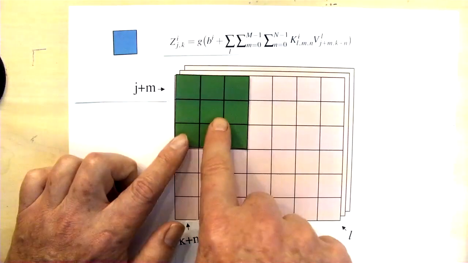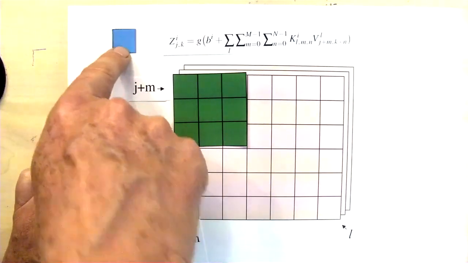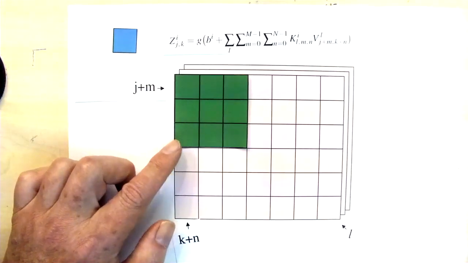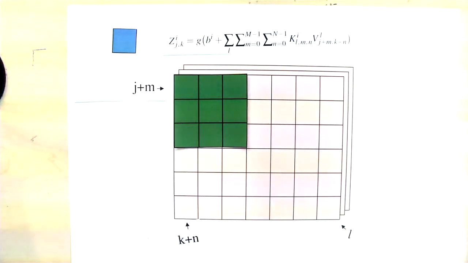The value here is going to depend on this small part of the image, which is only 3 by 3. This part of the image here is going to determine the value of that particular node in the next layer.